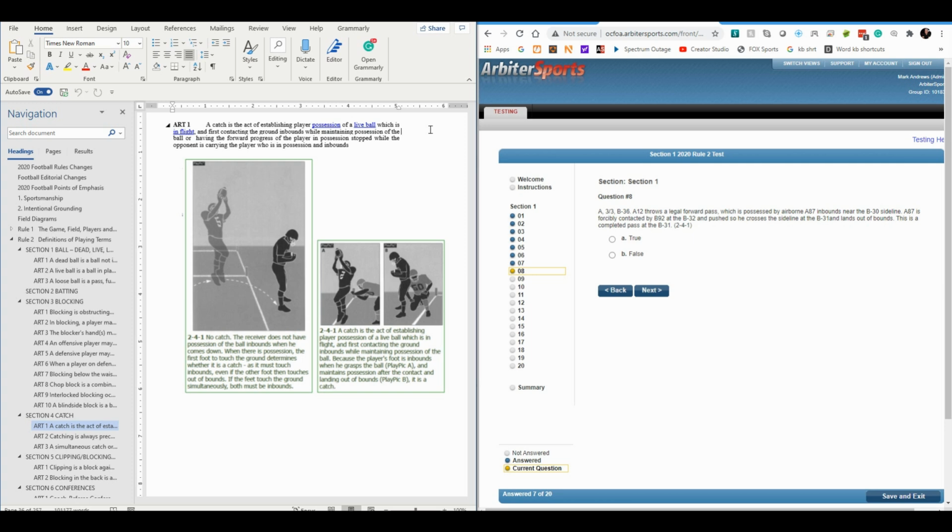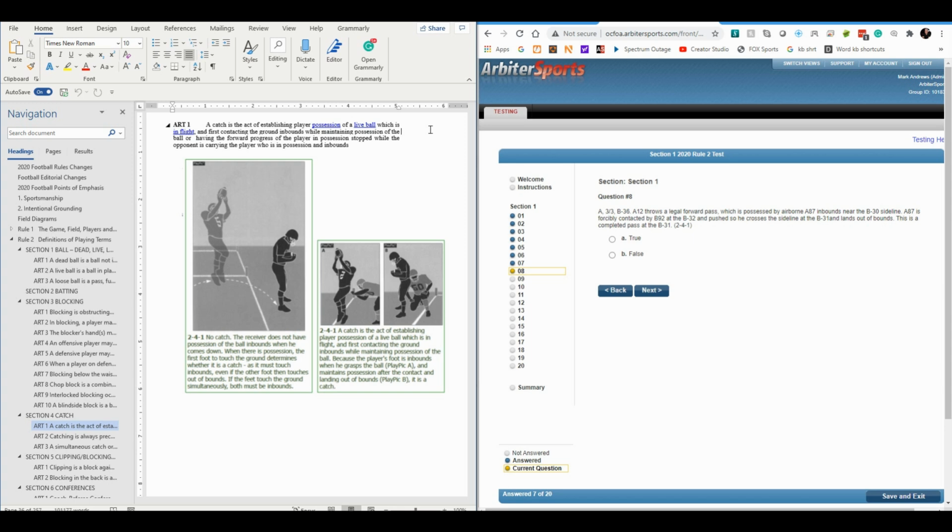Okay, that just doesn't happen. I've never seen it. I've never heard of it, but it's in the rule. But don't let that confuse you with this situation where the receiver is up in the air, he's contacted in the air, and he lands out of bounds. That is an incomplete pass.